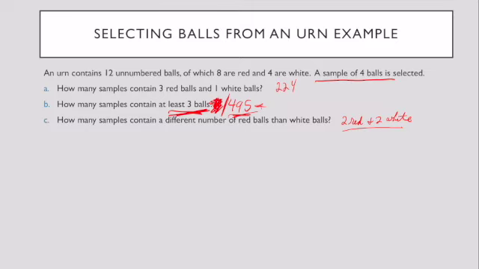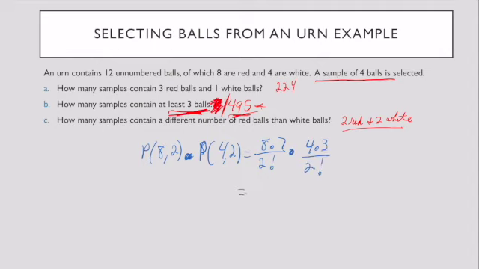I have 8 choose 2 times 4 choose 2. That's 8 times 7 over 2 factorial times 4 times 3 over 2 factorial.